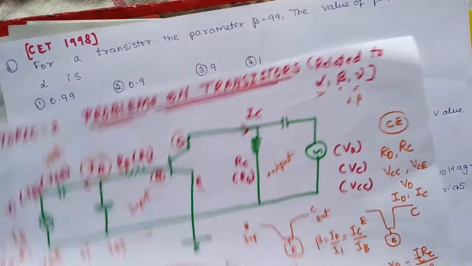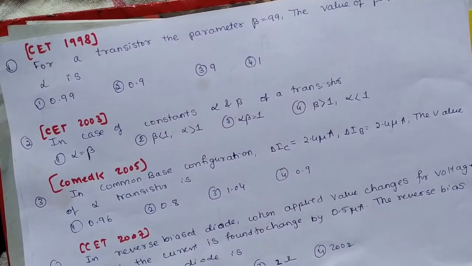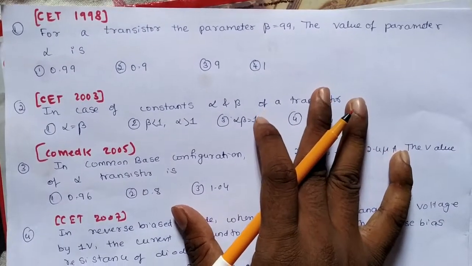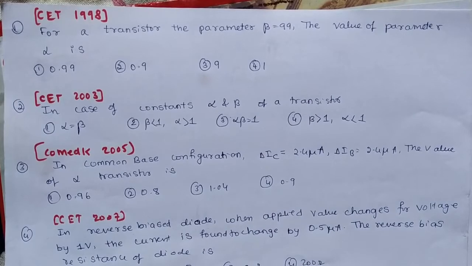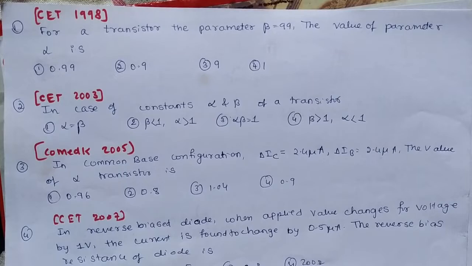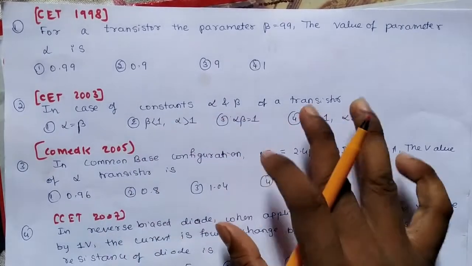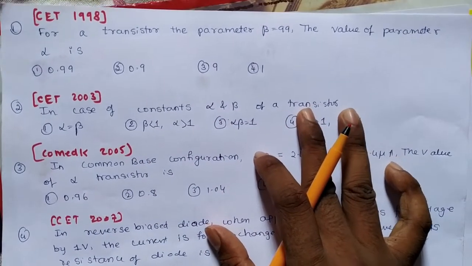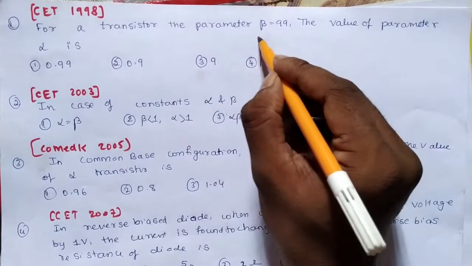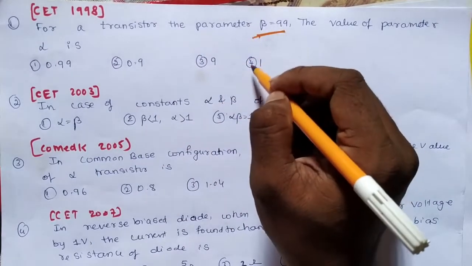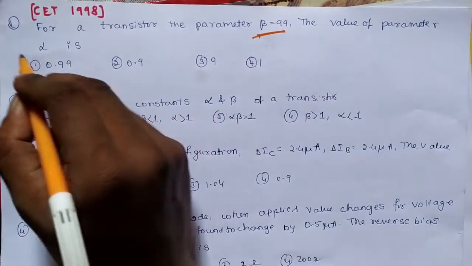Okay, thank you. Next we move on to some typical problems that have been asked in CET exams. First of all, I have a CET 1998 problem. The relation between beta, the current factor, and the value parameter alpha.